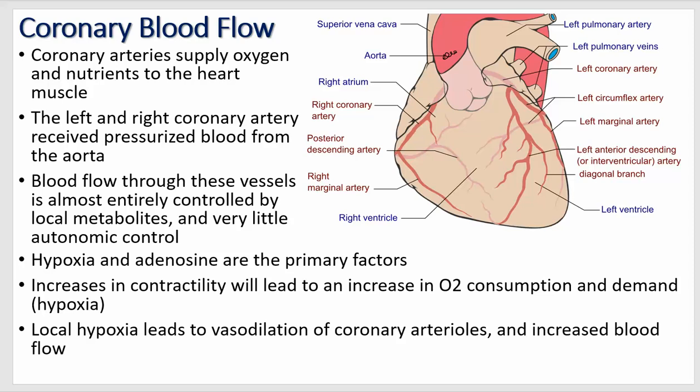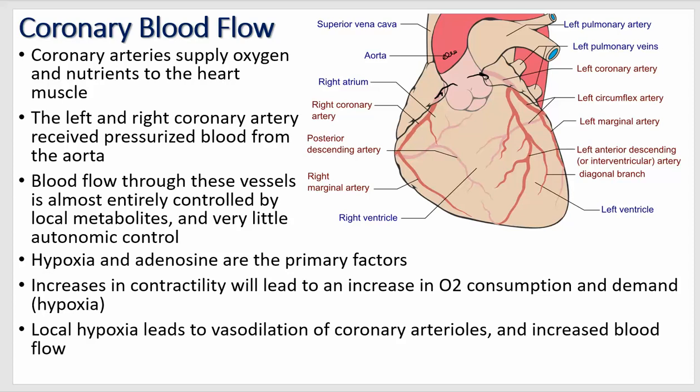So it goes to the left and right coronary arteries, and then those divide into the posterior descending and right marginal, and then on the left side, the left circumflex and left marginal, and then it continues to divide and feeds all the cells. We don't have to get too much into it because it's very similar to what we just went over.